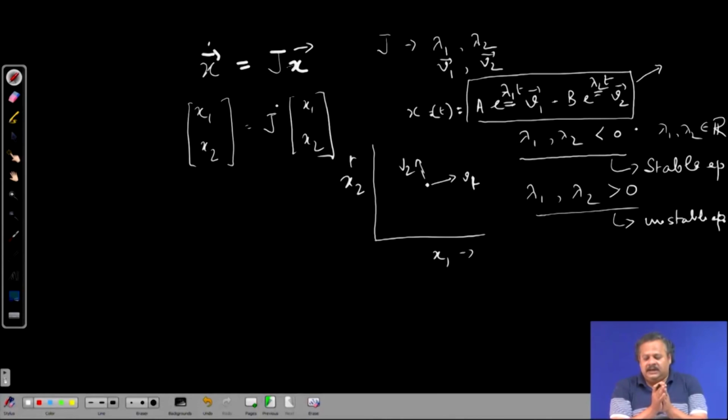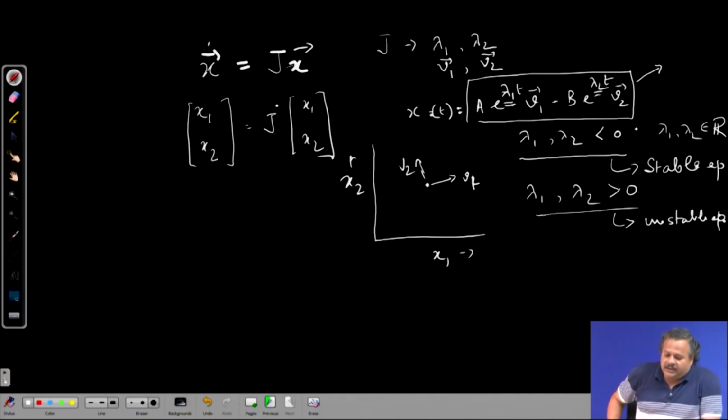And we will see that even for complex lambda 1 and lambda 2, if the real part is negative, then it will be a stable equilibrium point, but with an additional property of being a spiral, and that will be called a stable spiral. Similarly, when the real part is positive, then it will again be unstable with the additional property that it will be an unstable spiral.